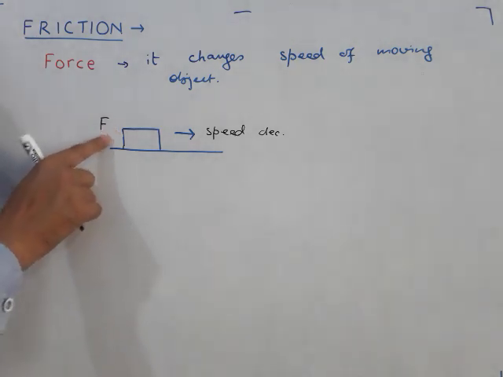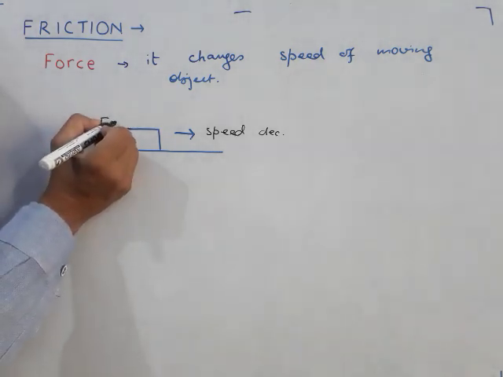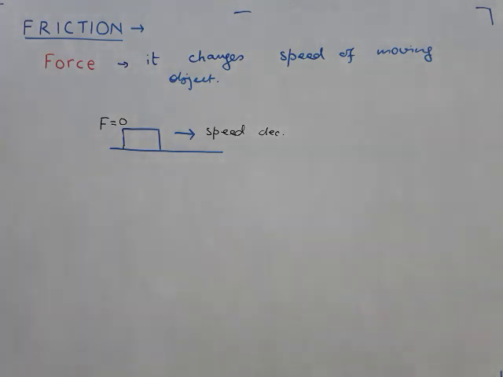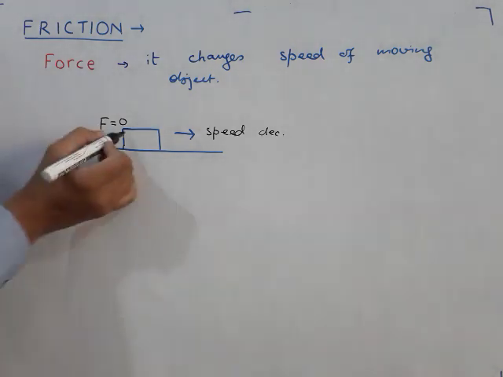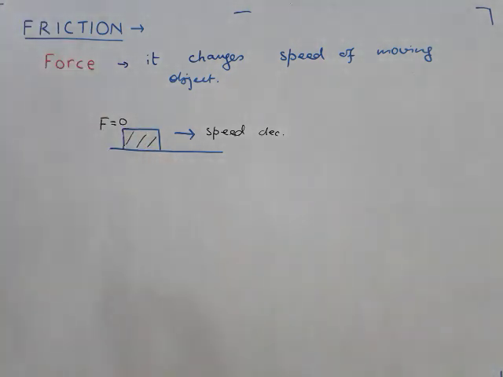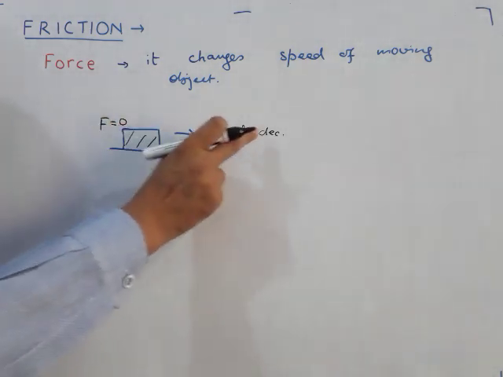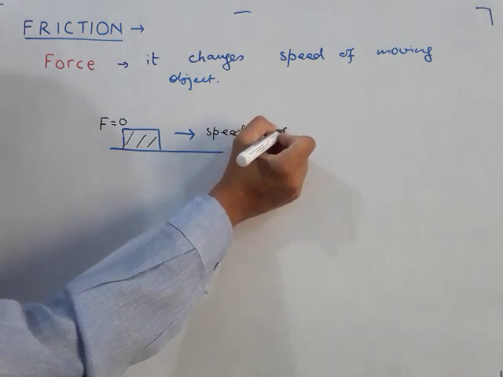Now if I ask students that if no force acts on the body, that means F is equal to 0, in this case, what will happen to the speed of the body? Will it increase, will it decrease or will it remain the same? So students, you can guess, if there is no force on the body, its speed will become constant.